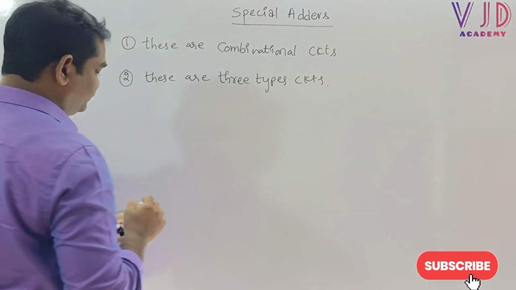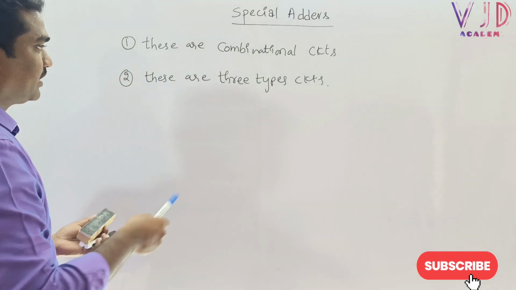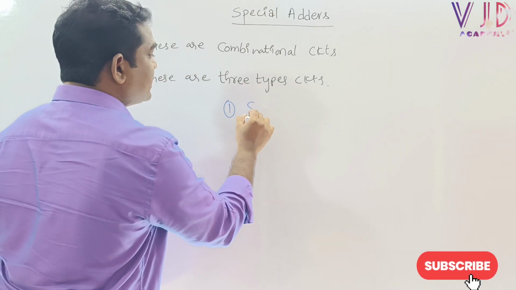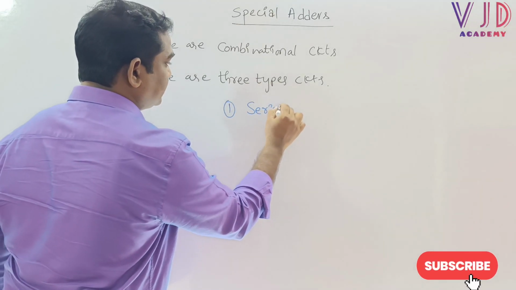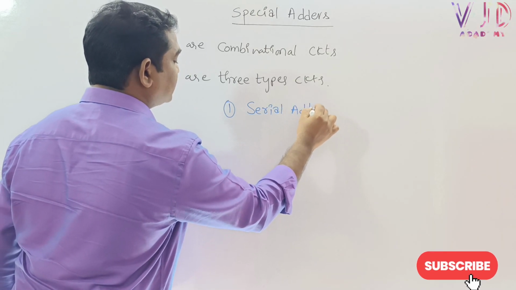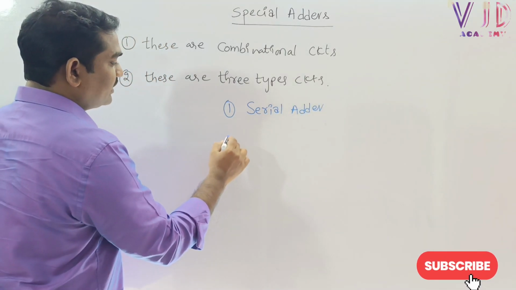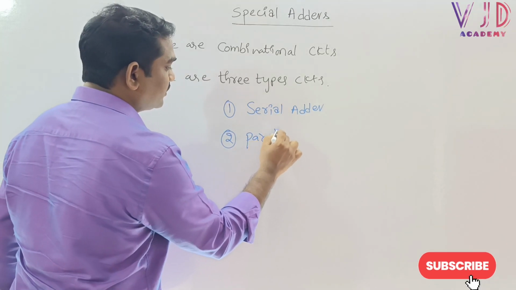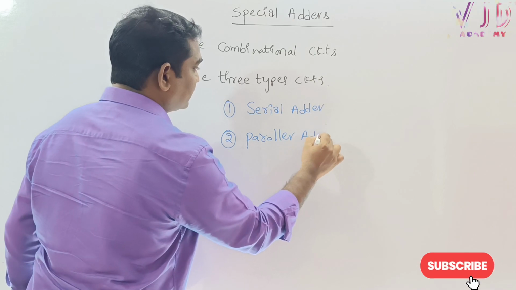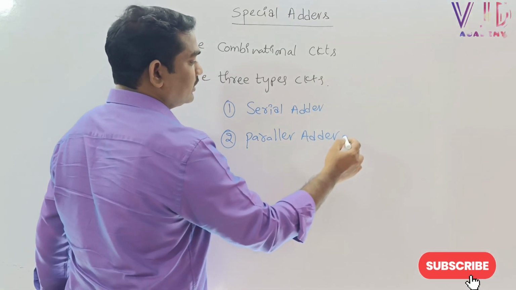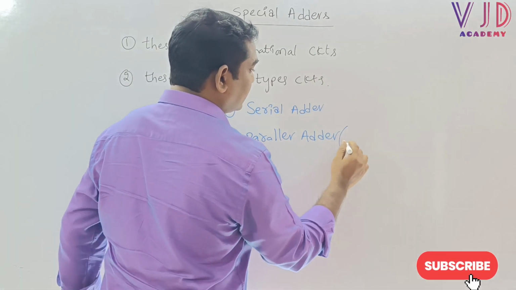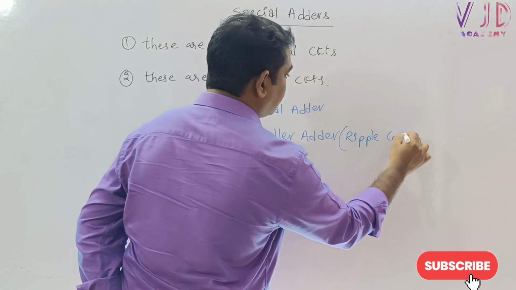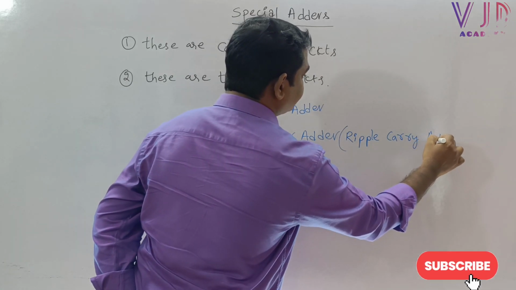Just make these points. The first one is serial adder. The second one is parallel adder. We can also call this parallel adder a ripple carry adder.